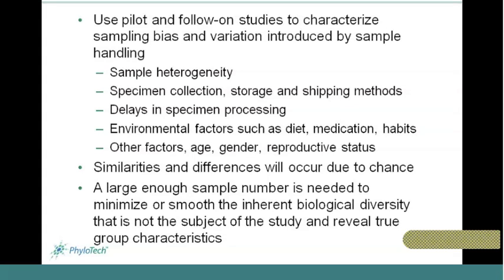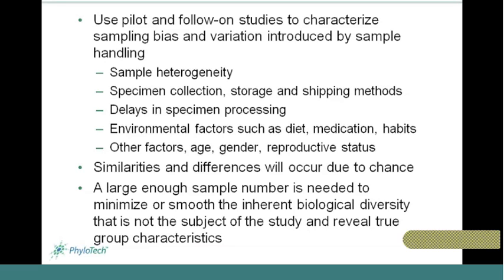So, for instance, managing batches and batch effects. You want to work with a laboratory that understands how that can impact data interpretation. And so banking samples, understanding that they're stable while they're stored, and then having them run so that, for instance, if you're comparing two groups, Group A and Group B, one of the things that you want to avoid is collecting data from Group A on Monday and collecting data from Group B on Tuesday.